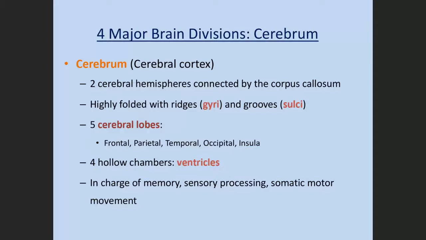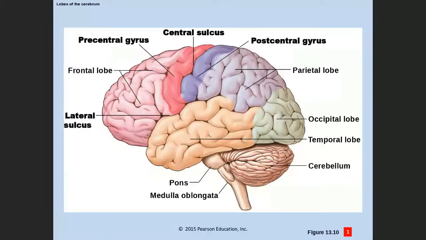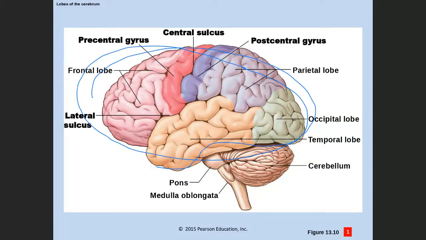There is a fifth cerebral lobe called the insula, but don't worry about that one. We're not going to do much with that one here in this class. All right, and so here you can see again this whole big area is your cerebrum, this is your cerebellum, this is your brainstem, and the diencephalon is located inside there. When you do a mid-sagittal cut, that's when you can see the diencephalon.